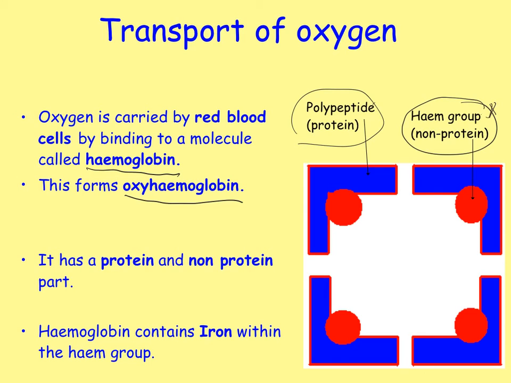So we've got this polypeptide, which makes up the protein part, and we've got attached to that our heme group. And if you remember your proteins, you'll know that it's a conjugated protein, because we've got another group added onto it. Now that hemoglobin has got iron within the heme group. So you remember how we talk about it being good for you to be eating iron in your diet, and that's because it's involved in making this heme group in red blood cells, and the heme group is involved in carrying oxygen.